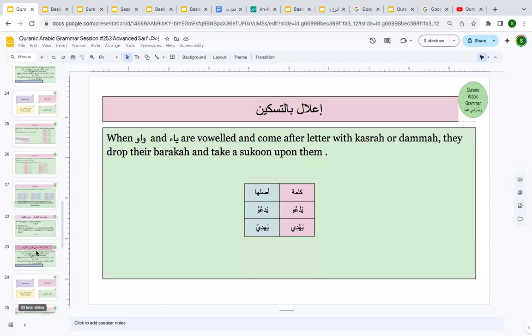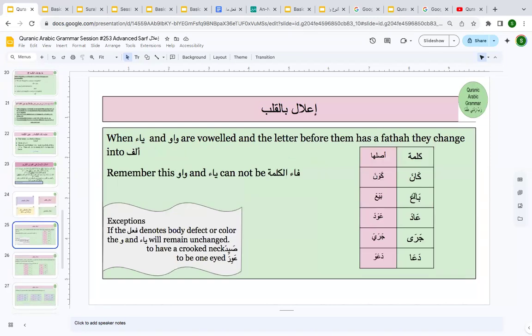Let me take you back. In your initial examples, see how jaraya became jara because ya was preceded by a fatha. The waw was preceded by a fatha. I'm showing you different words now to give you the right example.